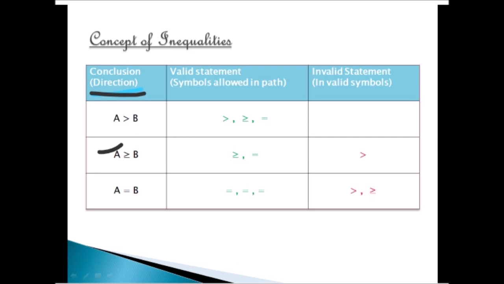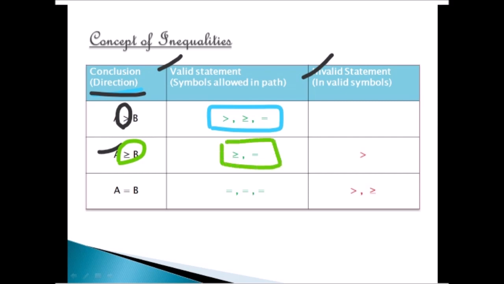There are valid statements and invalid statements with our conclusion. So if our conclusion is like A to B, then if only the greater than sign or less than sign comes, in our path all these three signs are valid. In the second point, if greater than or equal to, or less than or equal to, then in our statement only these two signs are valid.